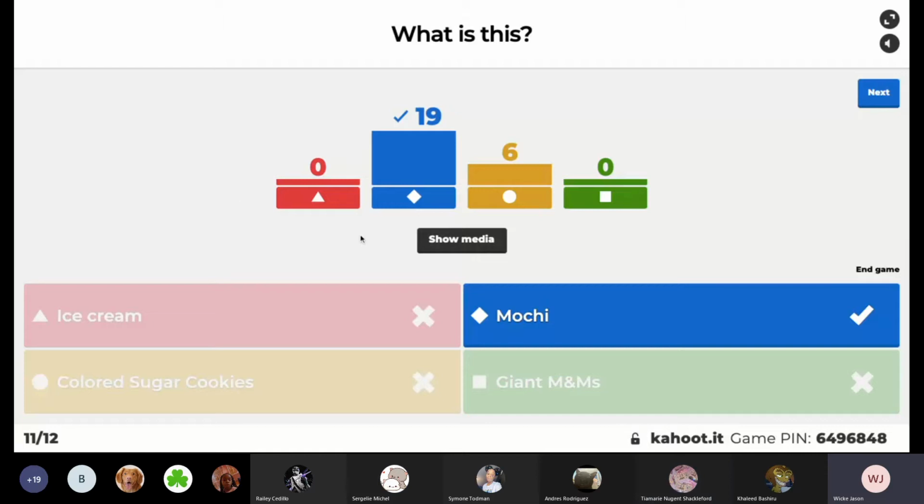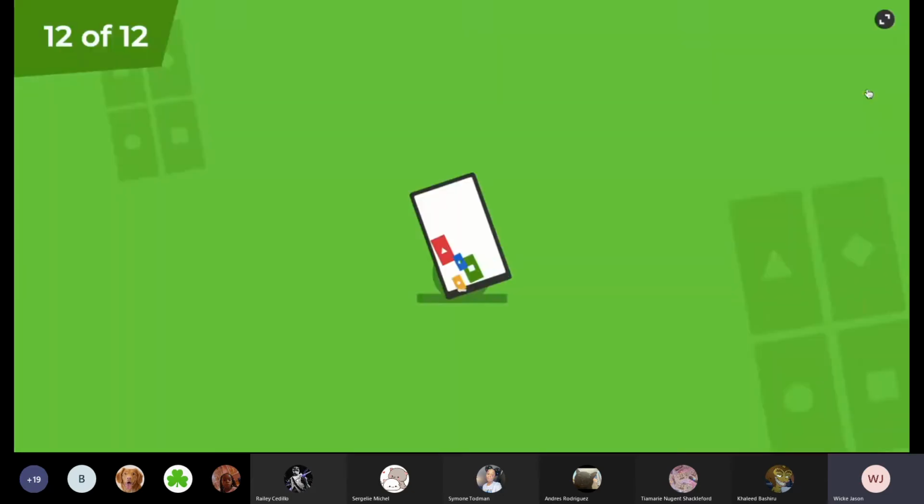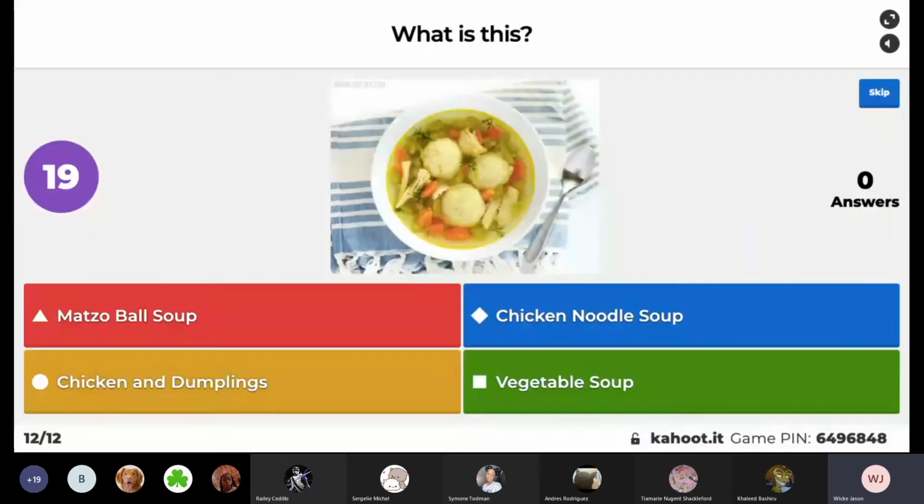Okay, the answer was mochi, which is like a Japanese kind of ice cream. And Saita is leading. And now we're on to the last question. I'll take you all off mute when we finish the quiz. Okay, what is this? Red, matzo ball soup. Blue, chicken noodle soup. Yellow, chicken and dumplings.